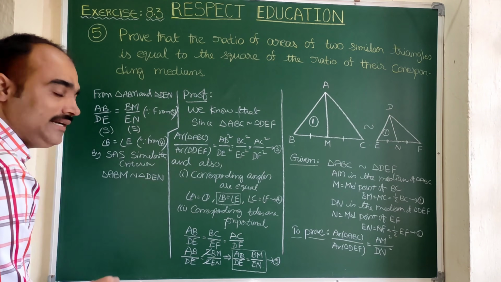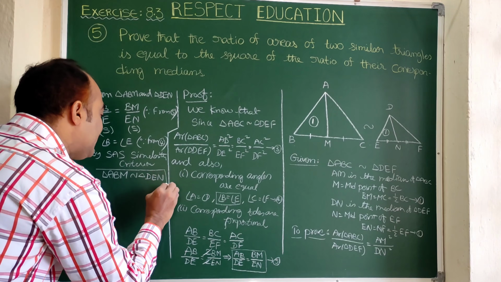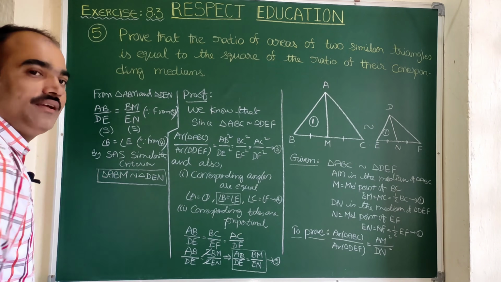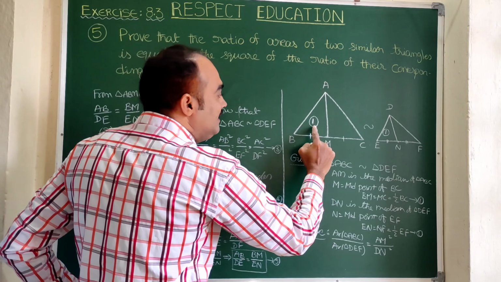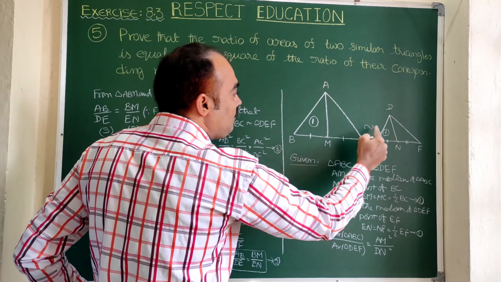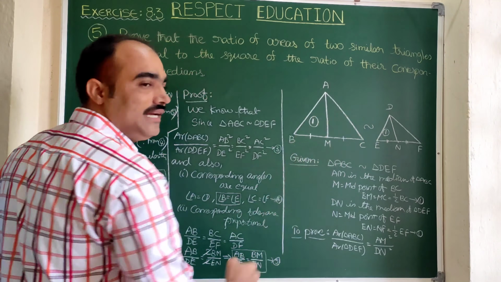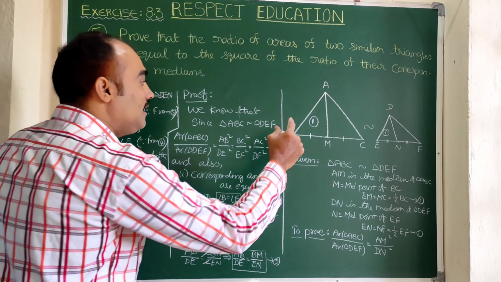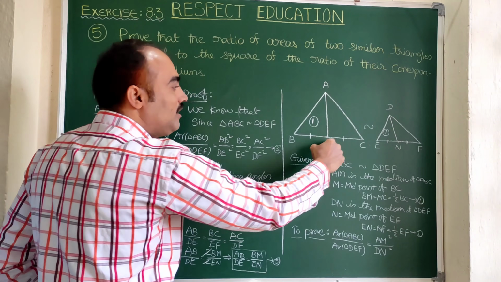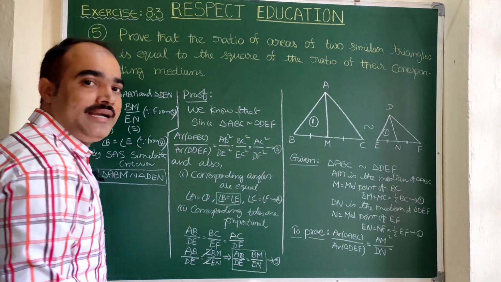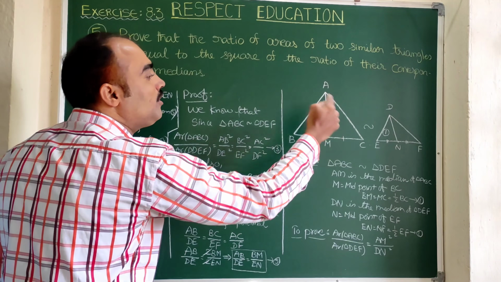When these two triangles are similar, then we can say that the sides of these two triangles are in proportion. Here we have proved ABM is similar to DEN. So their corresponding sides are in proportion.